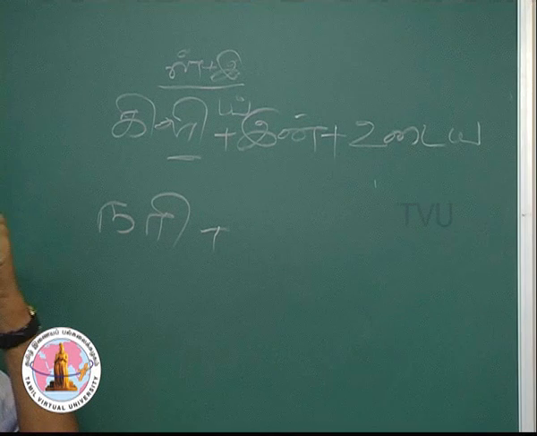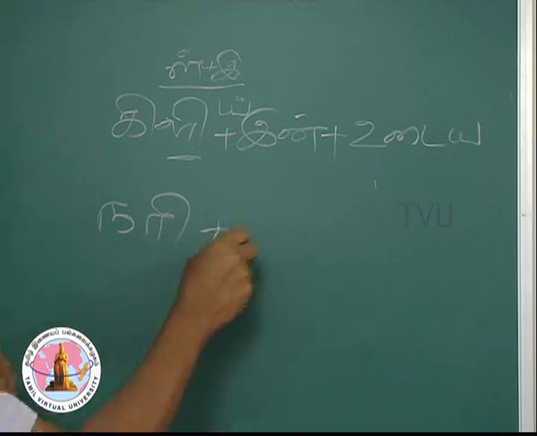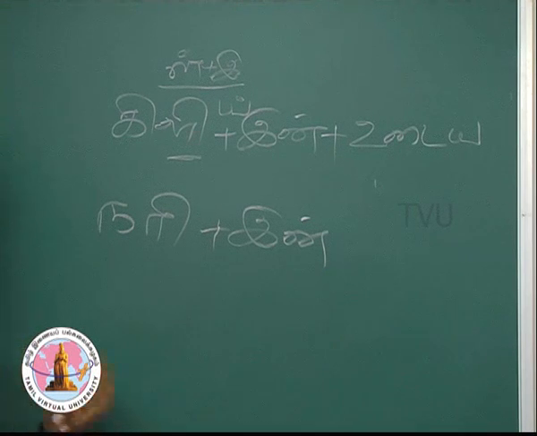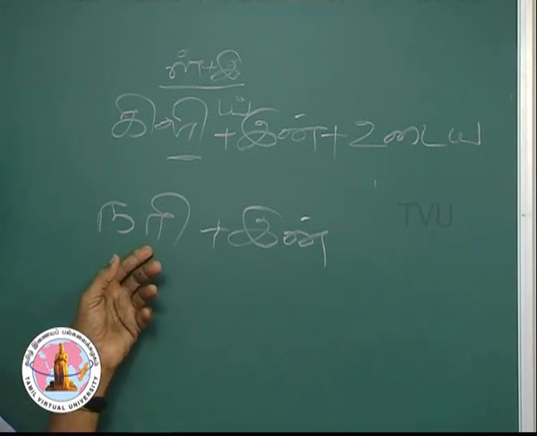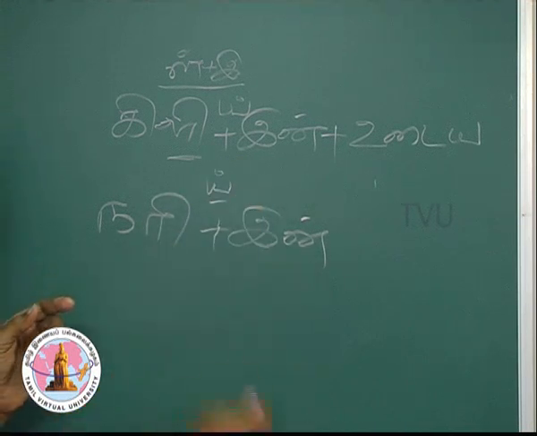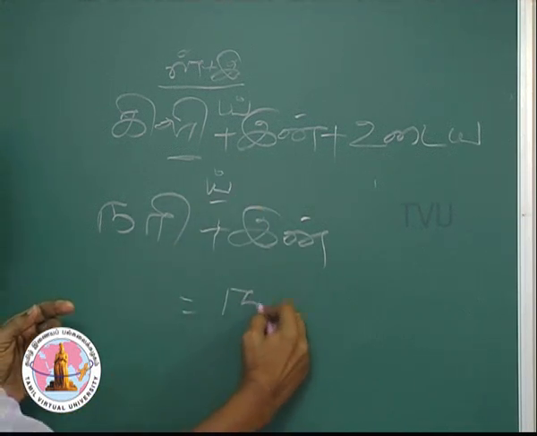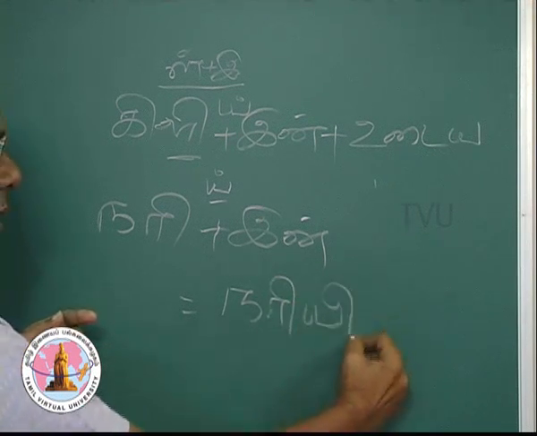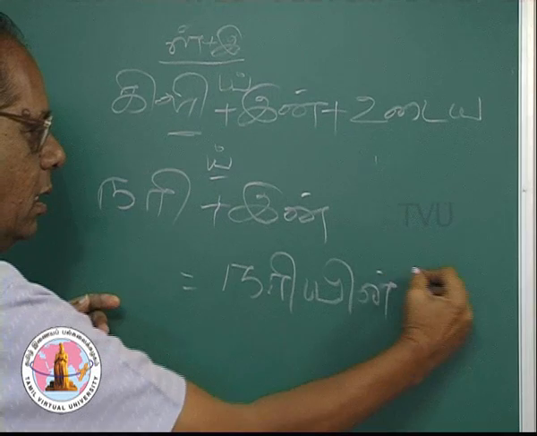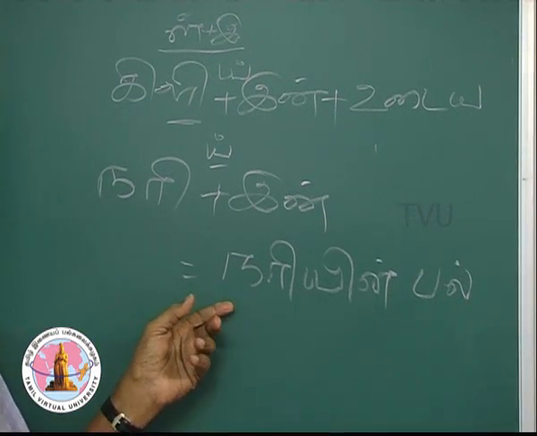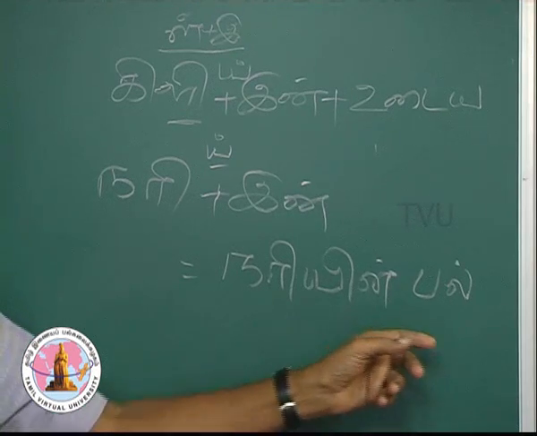Nari, a jackal. It also ends with E, so naturally you have to introduce a semi vowel, and that will become Nariyin Pal.